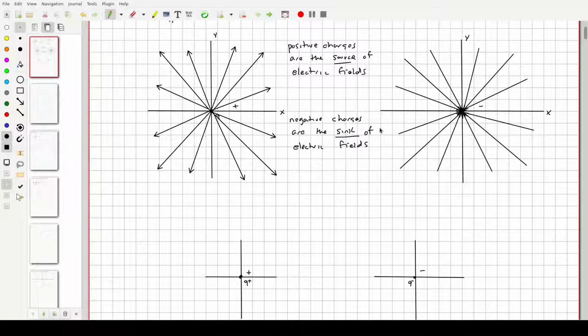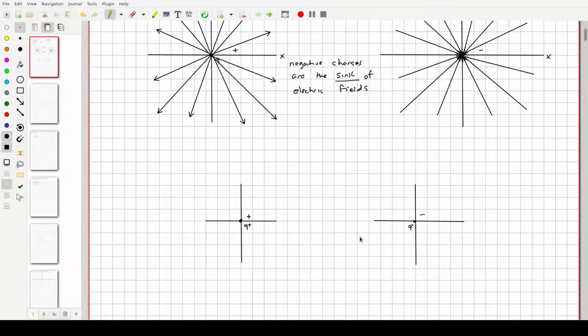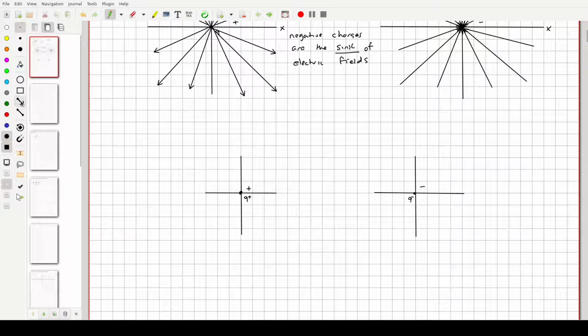Now, were you to draw, and I'll tell you what, I'm going to use colors here just because it's going to make my life a little bit easier. I'll use purple for positive, and we'll dot these lines like this.